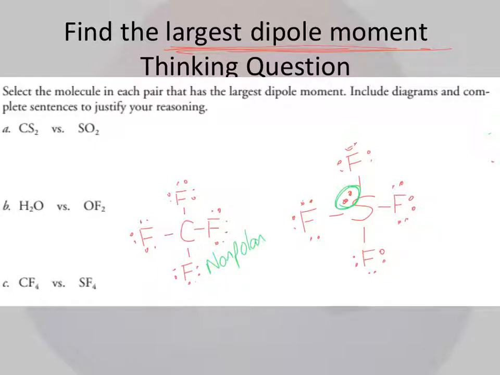Everything's going to cancel out. All these CF polar bonds are going to symmetrically cancel each other out in a tetrahedral geometry. Now over here, we're definitely going to have some sort of dipole because we have this lone pair here that is not going to get completely canceled out. So in this case, the SF4 one.